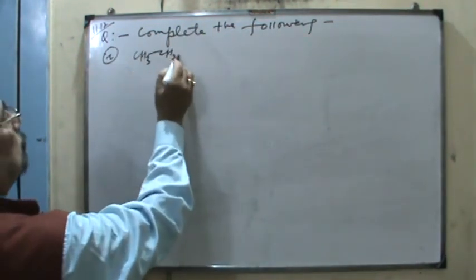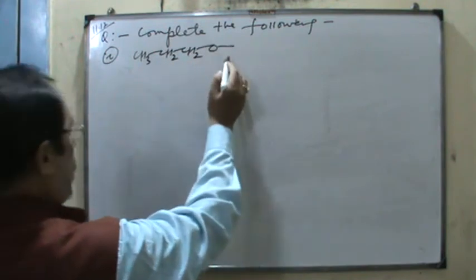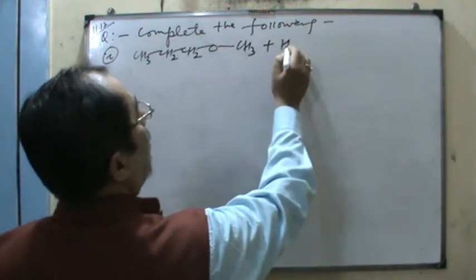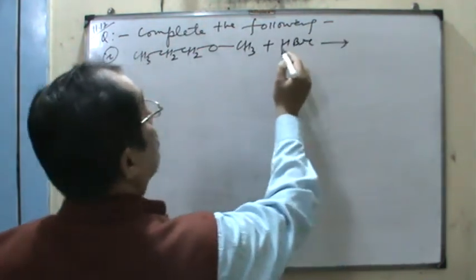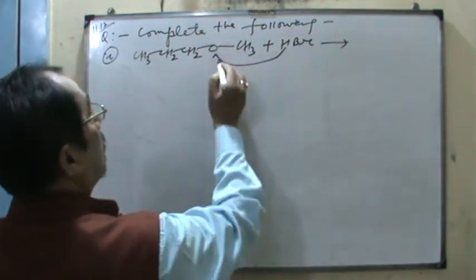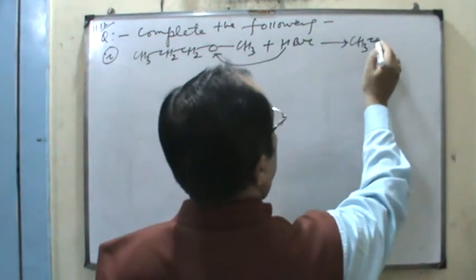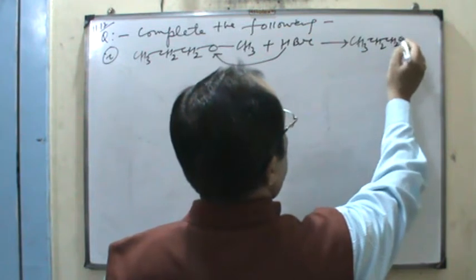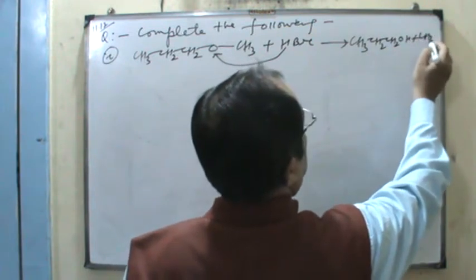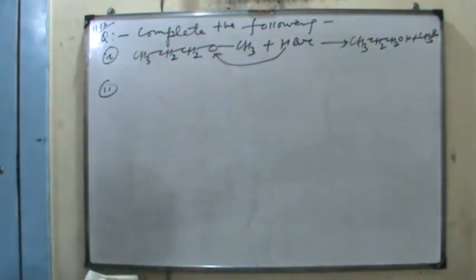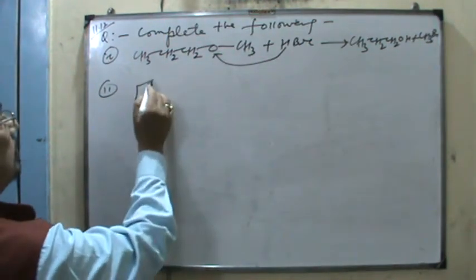CH3, CH2, CH2O and then CH3 is made to react with HBr. This I have told you earlier, the long chain carbon carrying alcohol, CH3, CH2, CH2OH plus CH3Br, alright. Go for the second question. Phenetole is here.